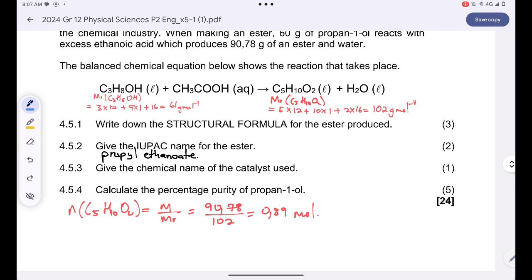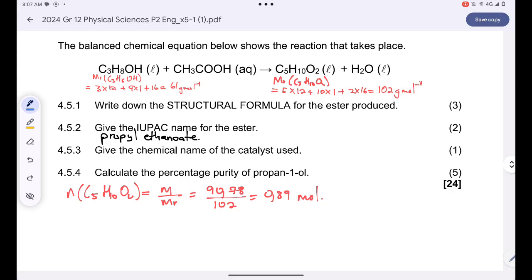Please check here, guys. Since the ratio is just 1 is to 1, this simply means for me to produce a certain amount of an ester, I must use the same amount of an alcohol. Are you together?